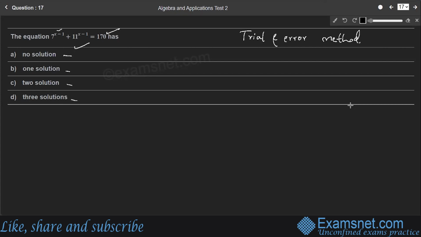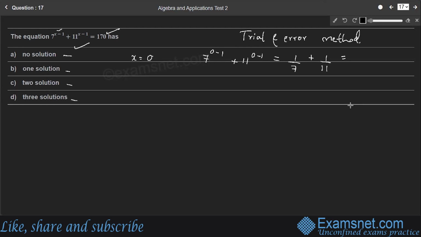Right? So let us try if the value of x is 0. If the value of x is 0, the equation becomes 7 raised to 0 minus 1 plus 11 raised to 0 minus 1. So left hand side, simplify it: 7 raised to minus 1 is 1 by 7, plus 11 raised to minus 1 becomes 1 by 11, right? You will get a fraction, which is not equal to 170.